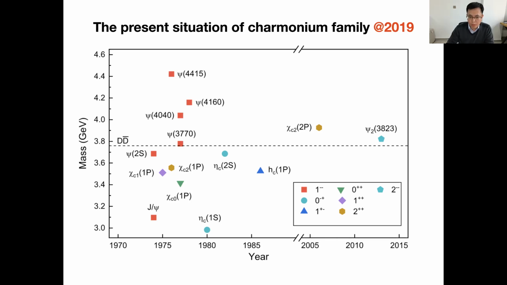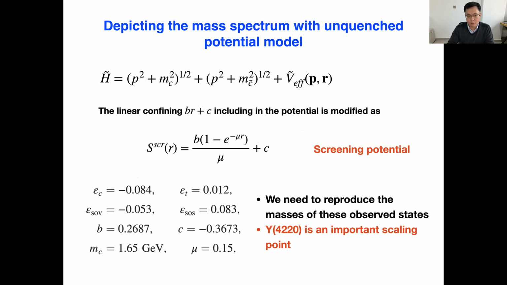In the following, I want to talk about our opinion on the description of the mass spectrum. We found that the unquenched potential model should be introduced for constructing the J/psi family. We can introduce the Hamiltonian this way.